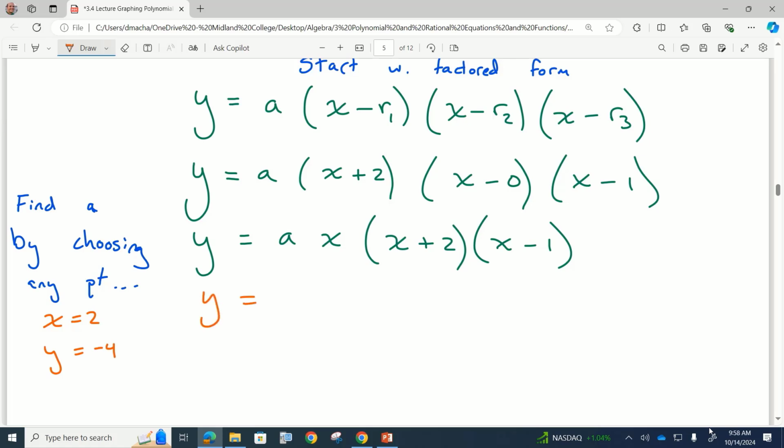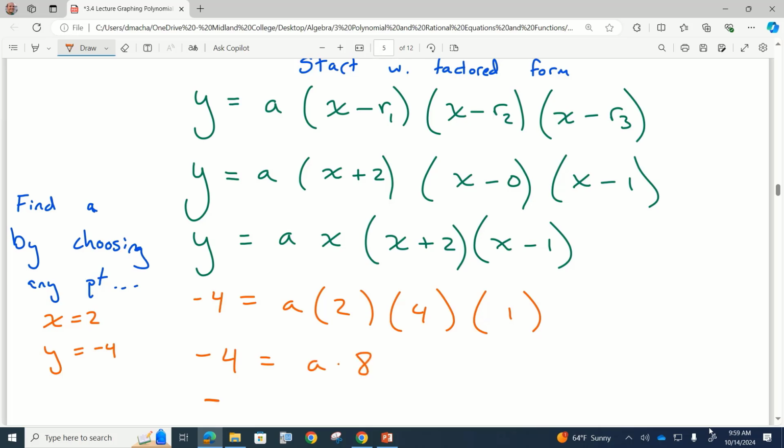And then I'm going to get -4 equals a times 2 times 2 plus 2 times 2 minus 1. And that means -4 is equal to a times 8.